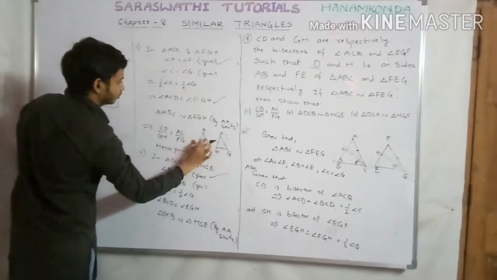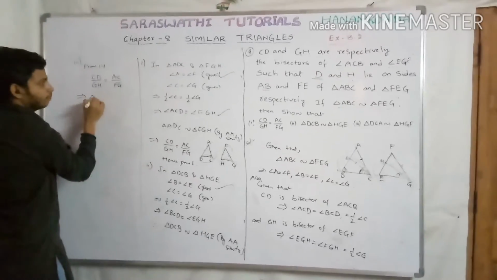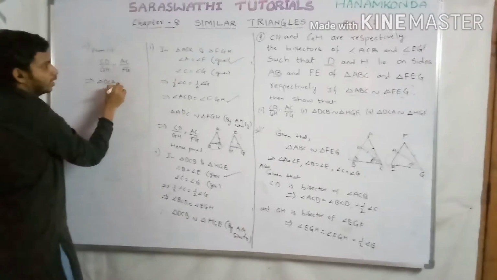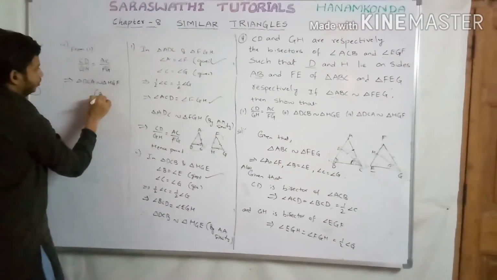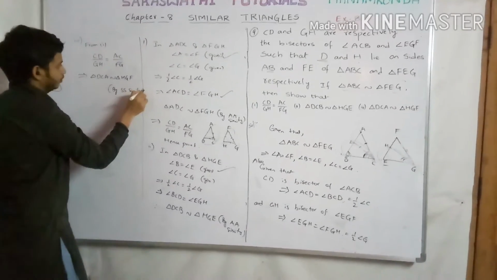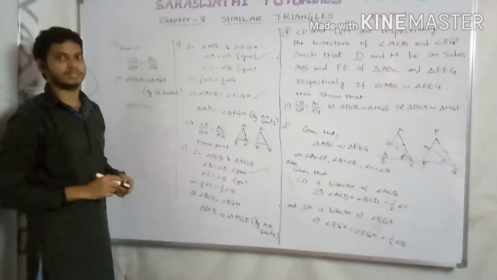So it implies that these two triangles are similar by SSS similarity. It implies that triangle DCA is similar to triangle HGF by SSS similarity. So this is the required proof. So we shall discuss the next question.